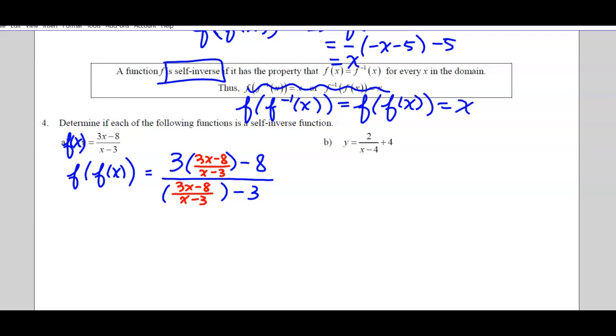So take a look, I've used red to kind of help you. You're taking that original function and you're putting it in wherever there's an x in the original function.